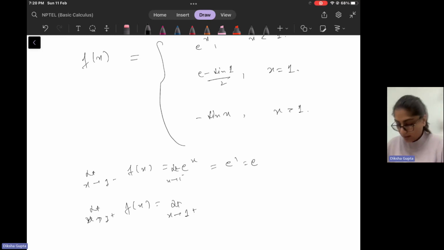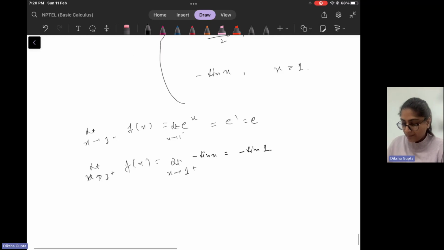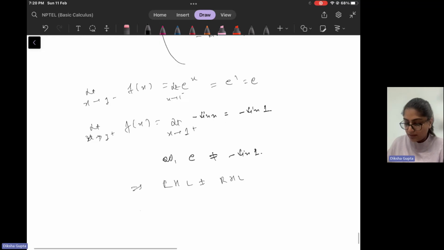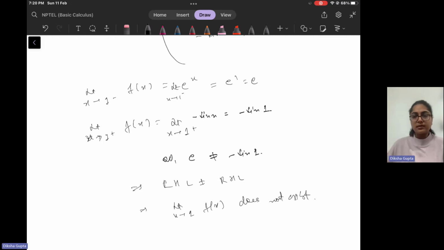So e, and again x tending to 1 plus, sine x equals minus sine 1. Again it is finite, so simply put the value. So e is not equal to minus sine 1, implies left hand limit is not equal to right hand limit, implies limit x tending to 1 f(x) does not exist, right?